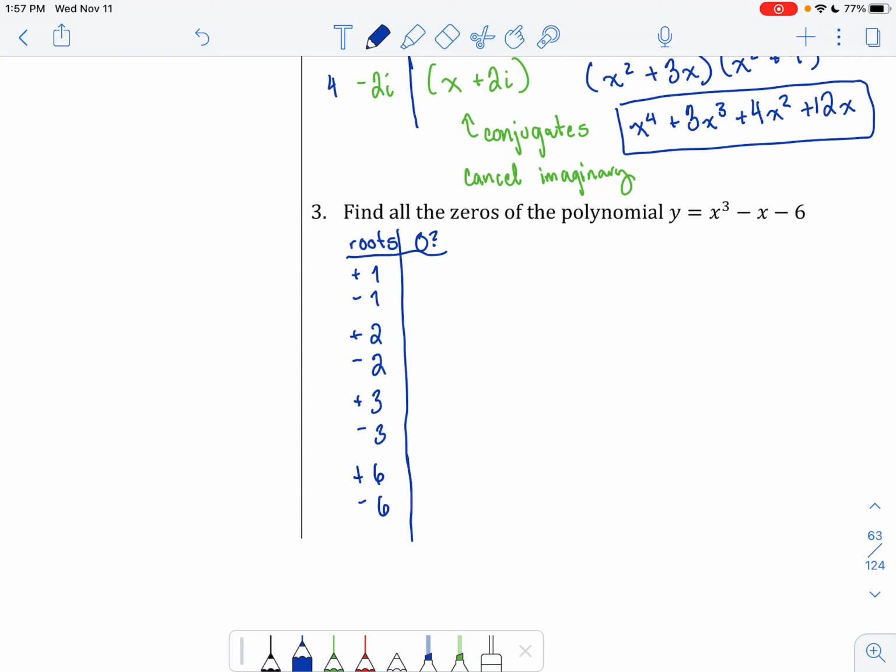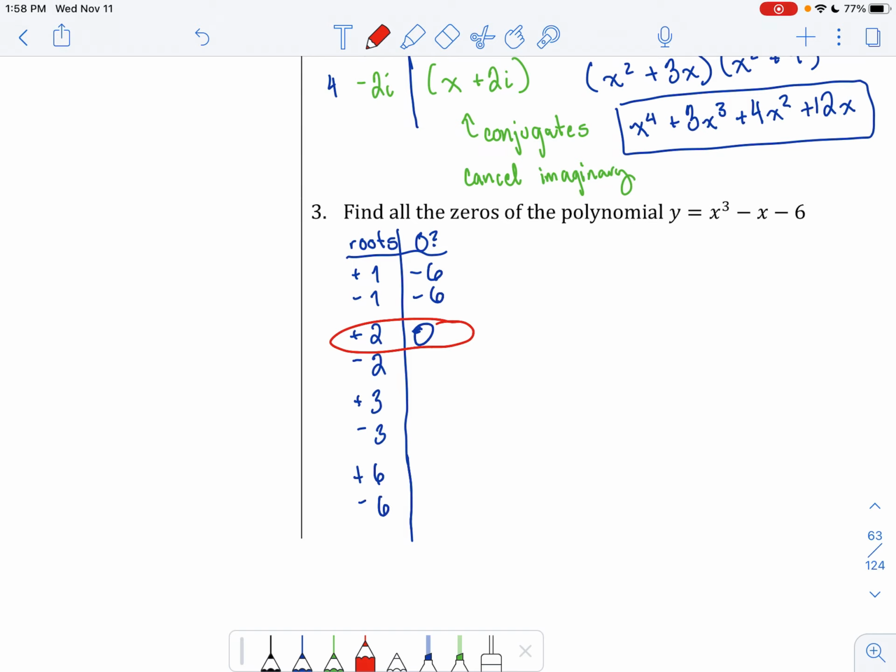So 1 plugged in would be 1 minus 1 minus 6, so negative 6. This one is also negative 6. You can check my work on a calculator if you like. This one then is equal to 0. Okay, we found a root.